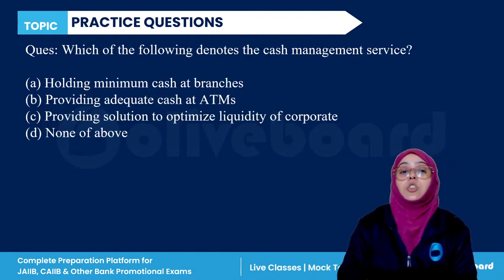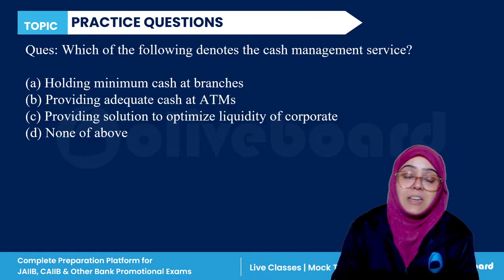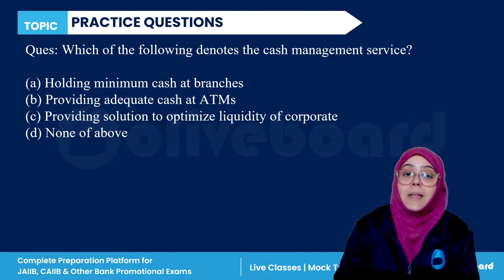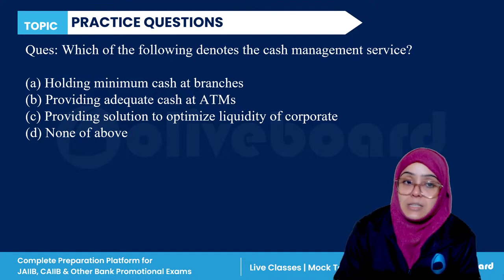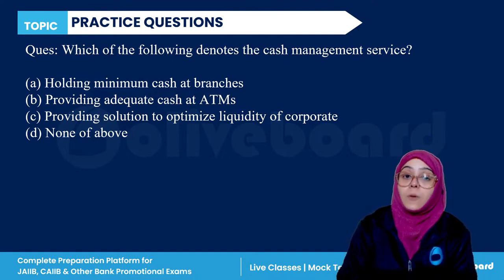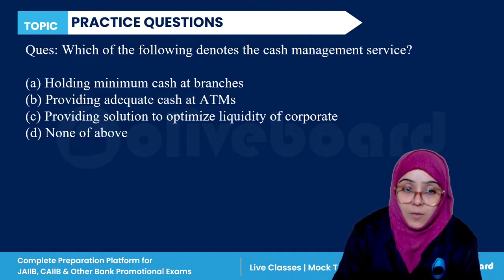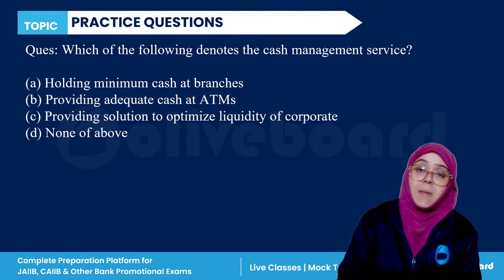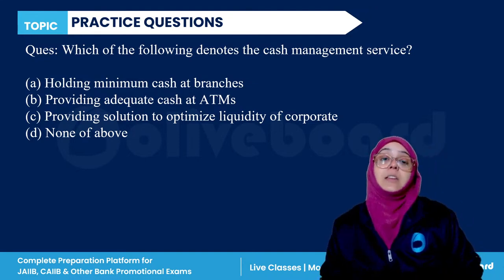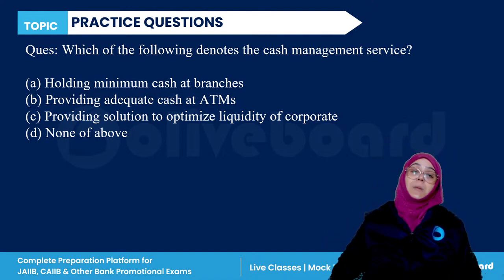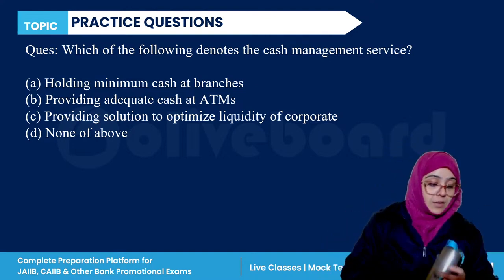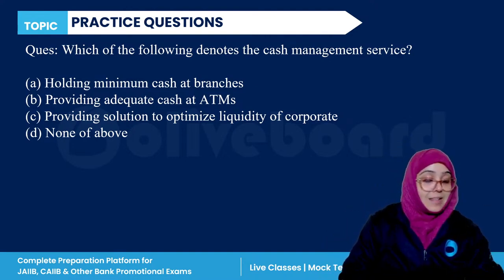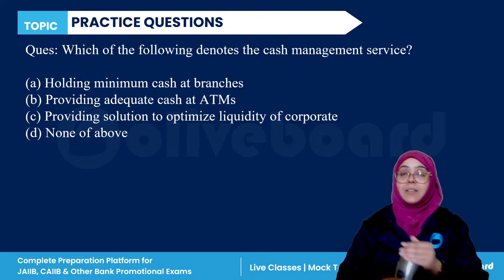Next question. Which of the following denotes the cash management services? Holding minimum cash at branches, providing adequate cash at ATM, providing solution to optimize liquidity of the corporate, or none of the above. Very easy. Which of the following denotes the cash management services? Everyone.